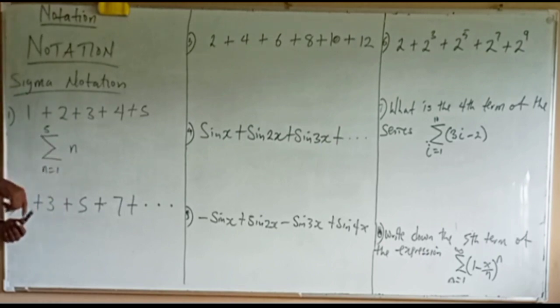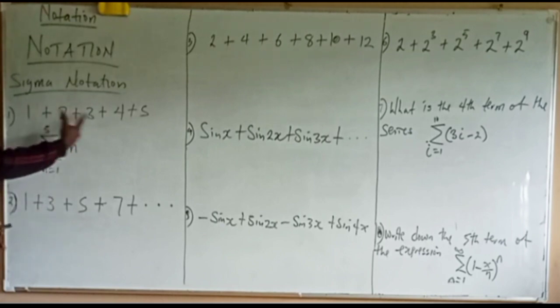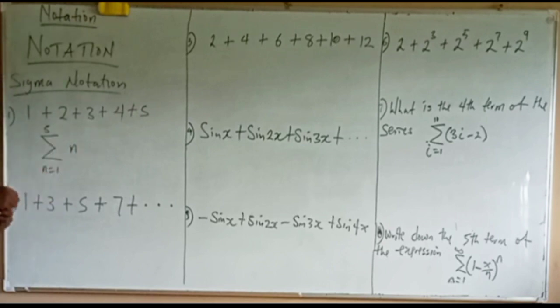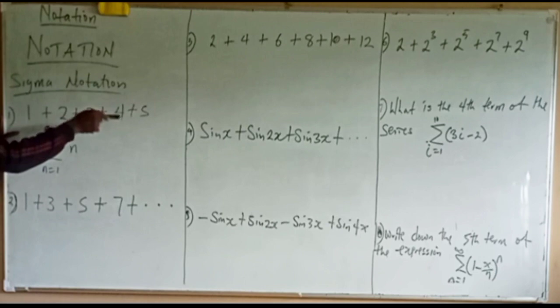Why do we call it the index number? Because it's not just one value. It's like a variable that can assume different numbers: 1, 2, 3, 4, 5. That's why I put n here. So n can take 1, n can be 2, n can be 3, n can be 4, n can be 5. So any number can be n. That's what we call the index number.